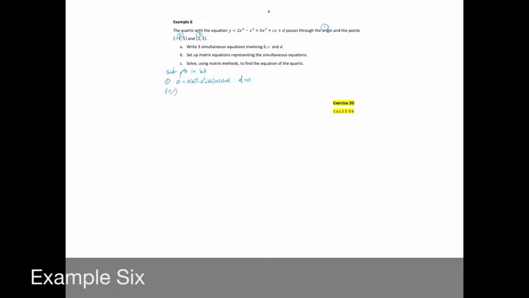If I now substitute the point -1, 5, in other words, x is -1, y is 5, you can see there 5 is equal to 2 times -1 to the power of 4 minus -1 to the 3 plus b times -1 squared, etc. Notice the -1 in a bracket to the power, just to try and keep the negative sign straight.